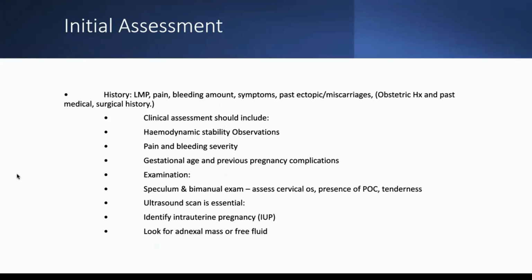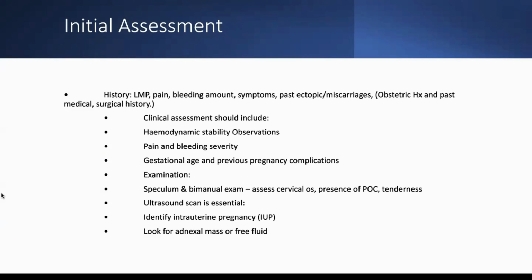So the initial assessment, when women come with pain and bleeding in early pregnancy, we usually have to assess thoroughly. A urine pregnancy test that is positive in the unit, taking history, including last menstrual period, and a detailed, thorough history of the presenting complaint, which is either the pain or bleeding or both.